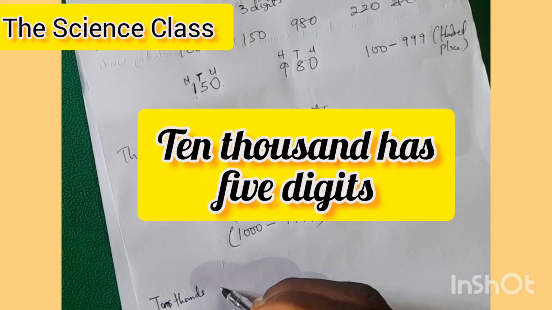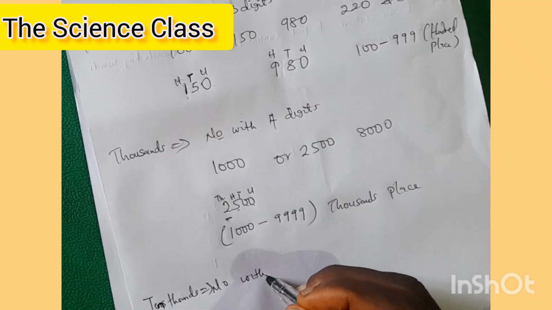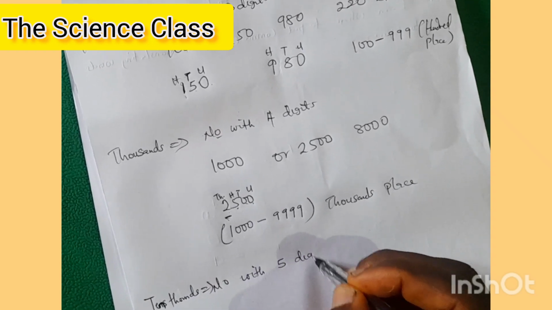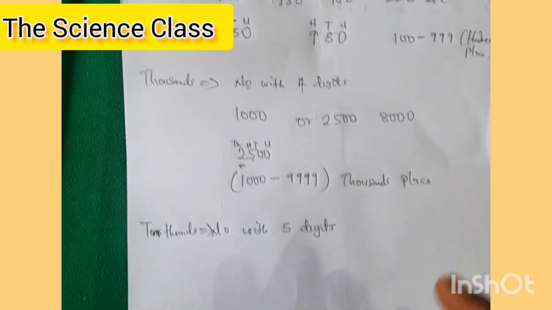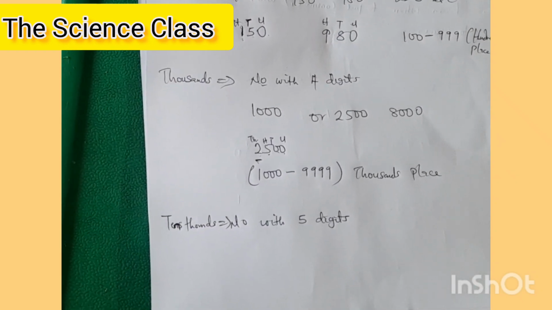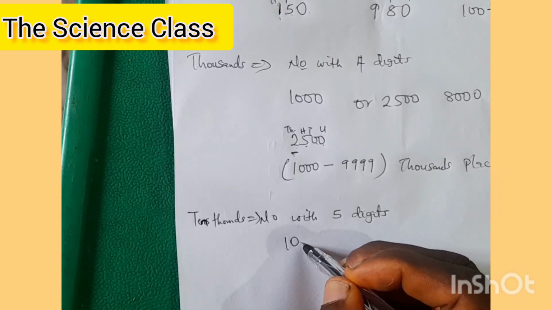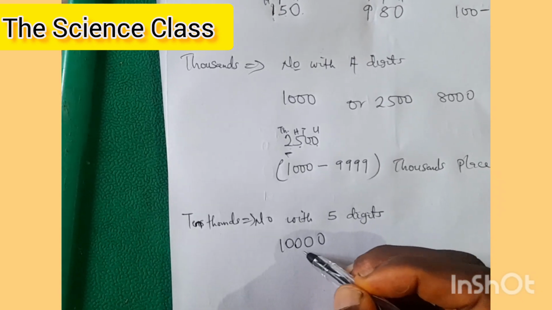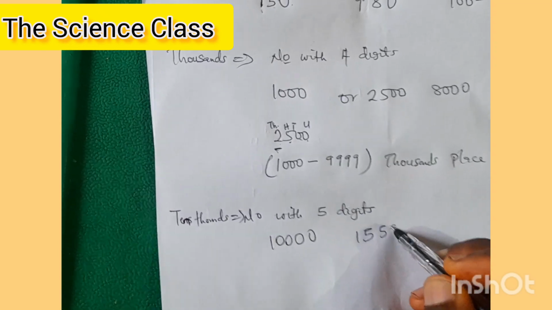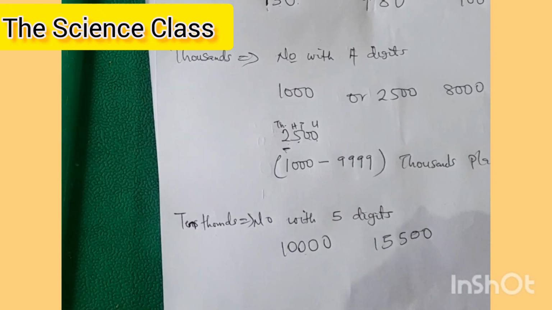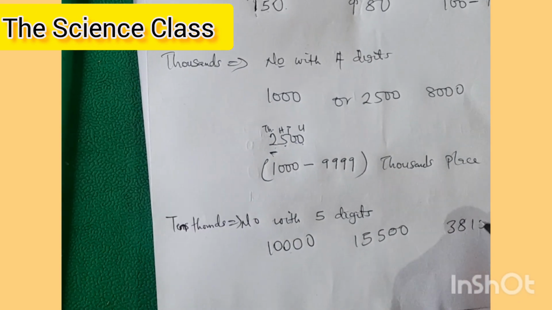So these are numbers with 5 digits. Numbers with 5 digits are in the 10,000s. These are numbers like 10,000 itself, or 15,500, or let's say 38,150.